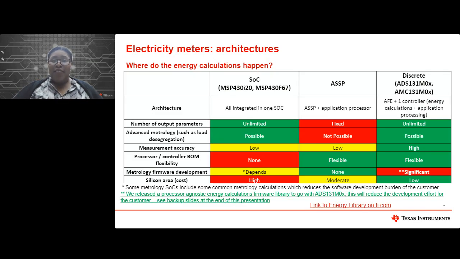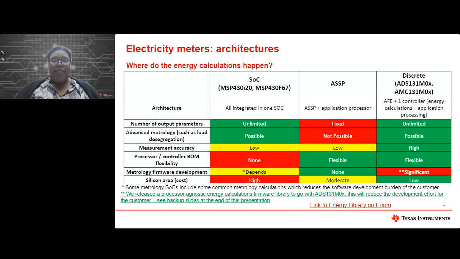So to start, let's discuss different electricity metering architectures. When you're trying to do energy metering, you have three main different options that you can be using. One is called SoC, which is System on Chip, which has all of the metering calculations inside of this one chip.